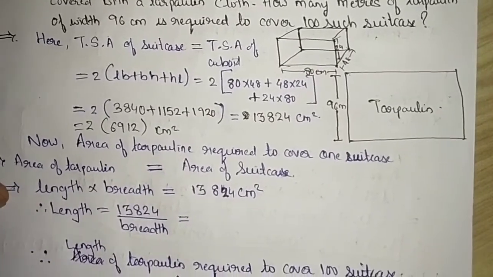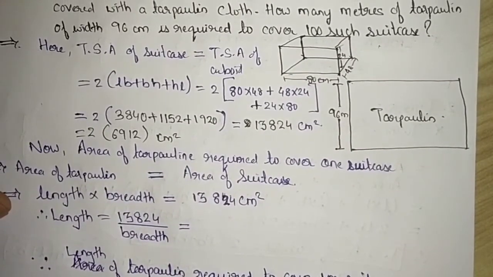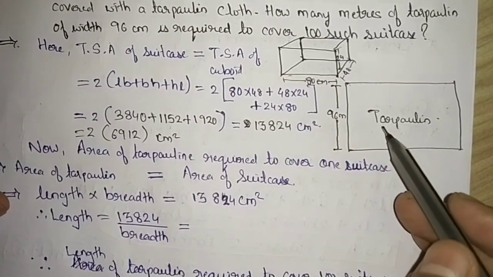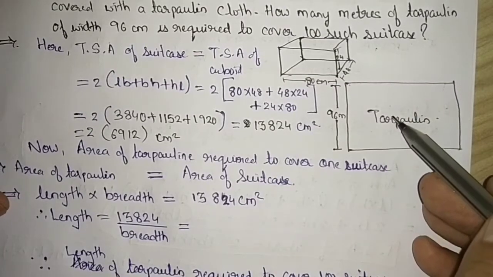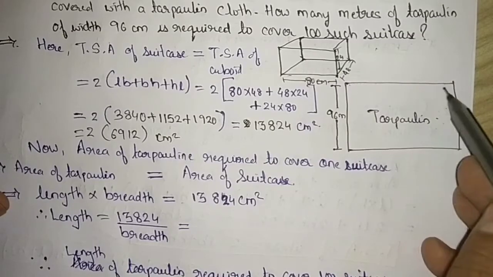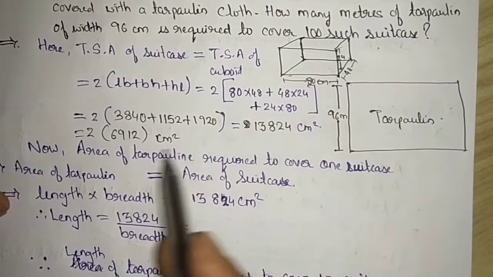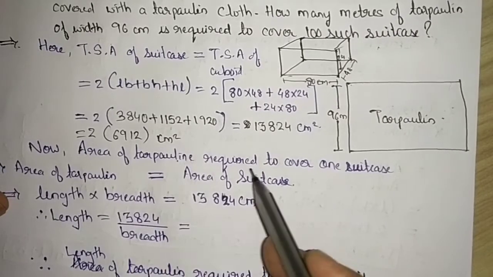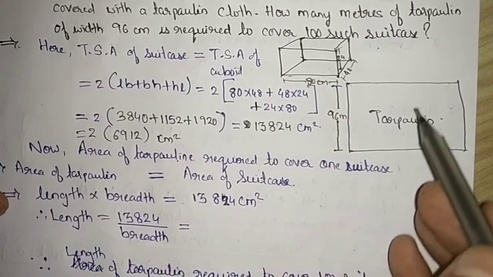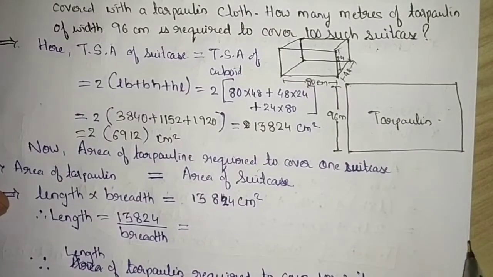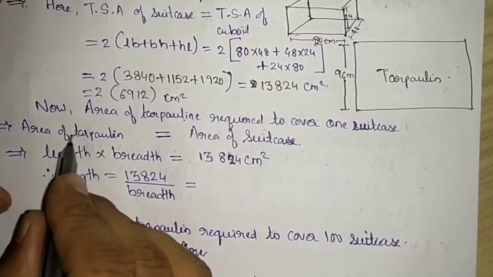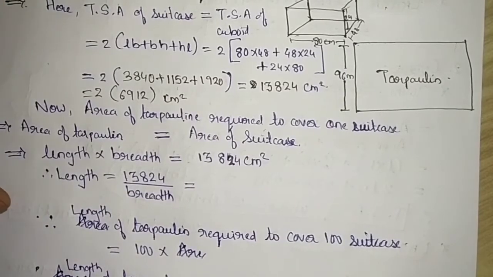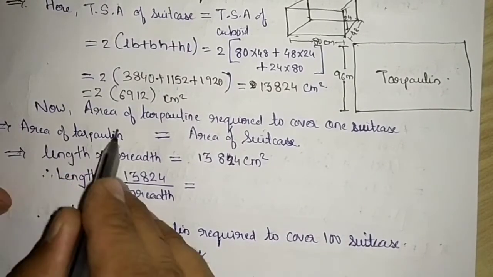Now, we need to find the area of the tarpaulin, sorry, the length of the tarpaulin, because width is given and we are interested in length. So I will write like this. The area of tarpaulin required to cover one suitcase is equal to the area of the suitcase. And what is the area of the suitcase?